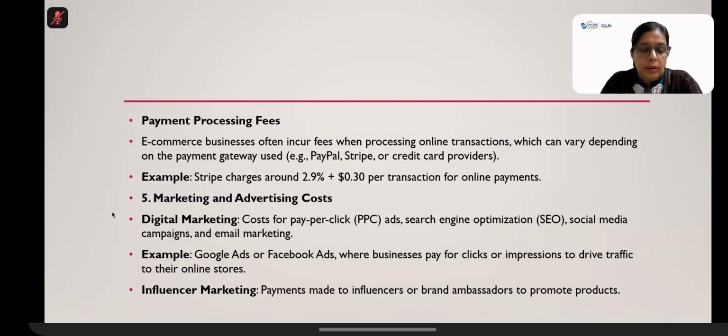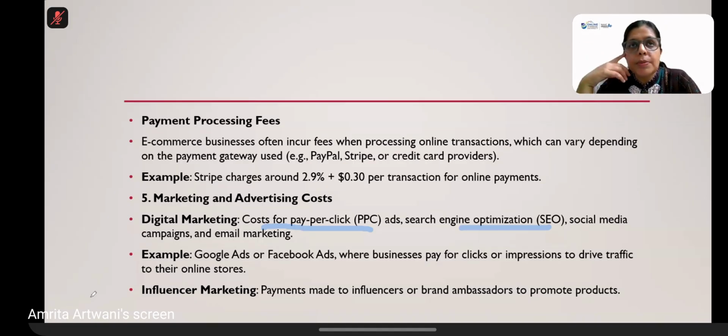Marketing and advertising cost. So cost for pay per click. Okay, we have discussed this concept of pay per click ads, SEO. SEO depends upon, now see, if you're hiring someone to build your website in such a way that it is SEO enabled, like whatever keywords people search in Google search, it should reflect in your website.